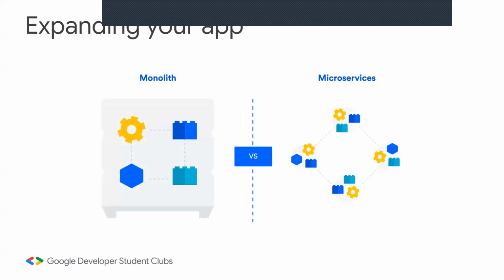Monolithic is basically, it's kind of hard to see, but you have everything in one package. Whenever you have a new feature that you want to add, you build on top of that package, that code. It's called growing tall. And in microservices, it's completely the opposite. You grow wide. You have a bunch of different features that each within themselves are a microservice, and they communicate with each other in order to create the final product.